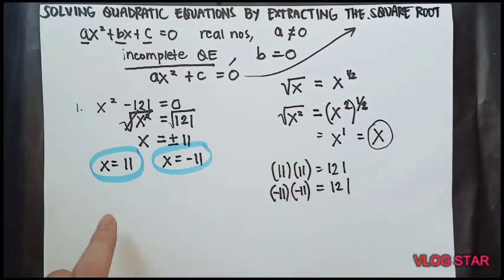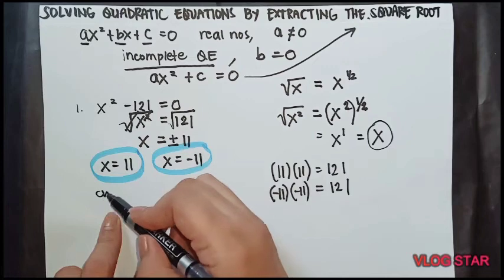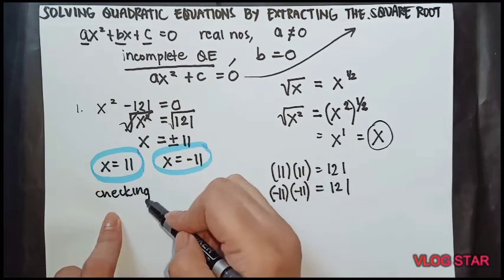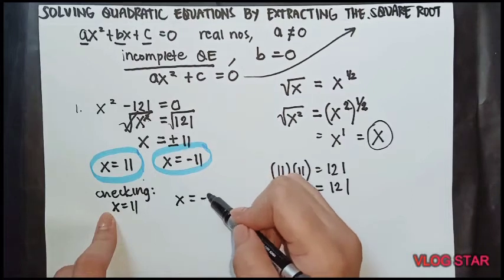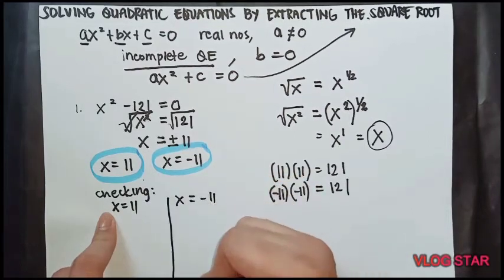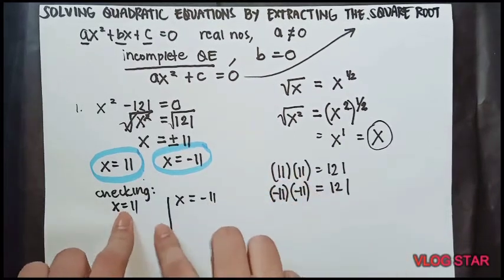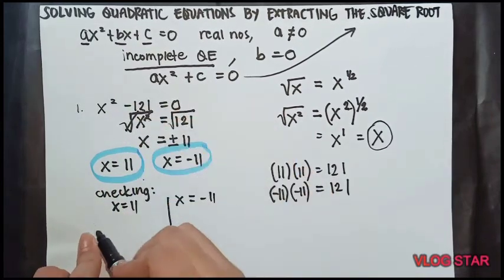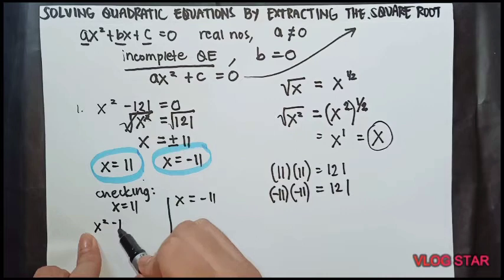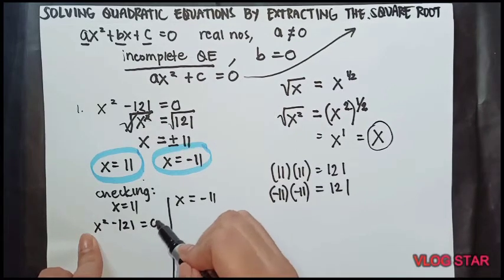So let us check if our solutions are correct. Let's check if x equals 11 and x equals negative 11 are solutions to the equation. In checking, we have to copy the original equation. So we have x squared minus 121 equals 0.